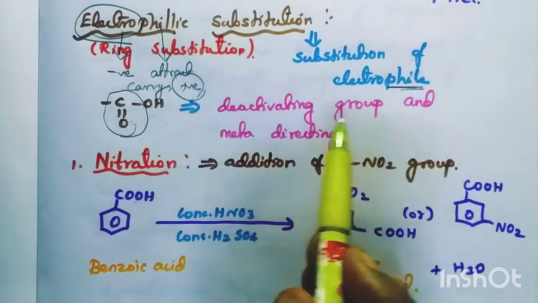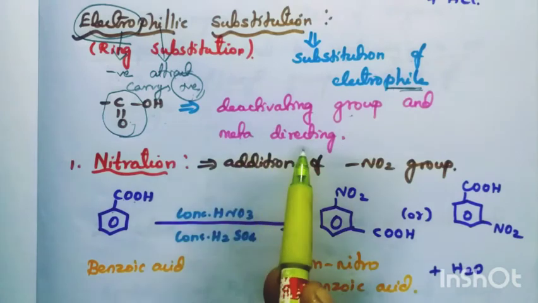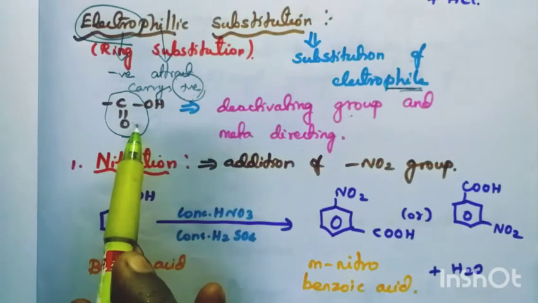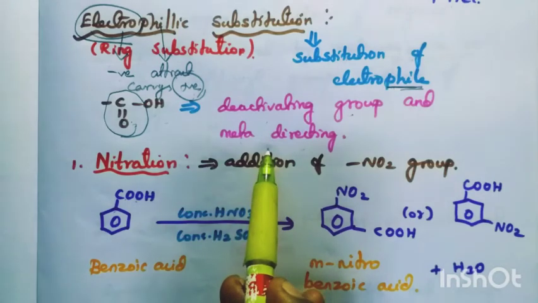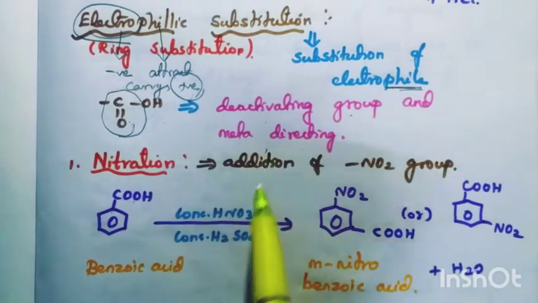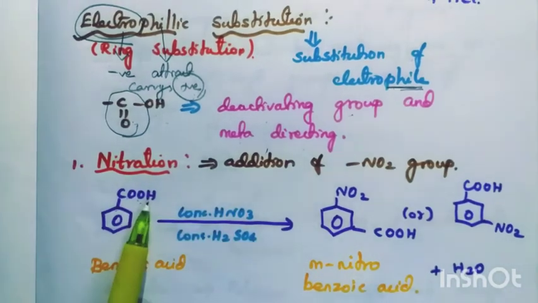So it is a deactivating group. That means it decreases the activity of the benzene ring, and it is meta-directing. So if an aldehyde, ketone, or carboxylic acid is present in the benzene ring, it is always meta-directing.